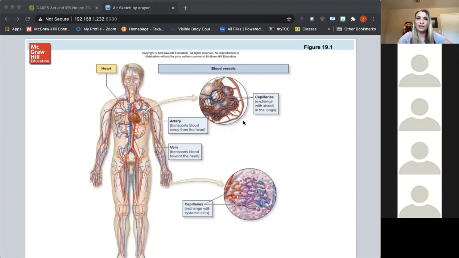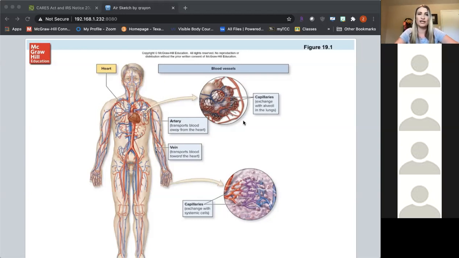Okay, so let's look at the heart, and in a little bit I will use the model of the heart. It's kind of weird to show it on here, but this is what the heart would look like. This is larger than in real life. The heart is located in your mediastinum area. From A&P 1, studying those regions, the mediastinum is part of your thoracic cavity, and it sits between the lungs.